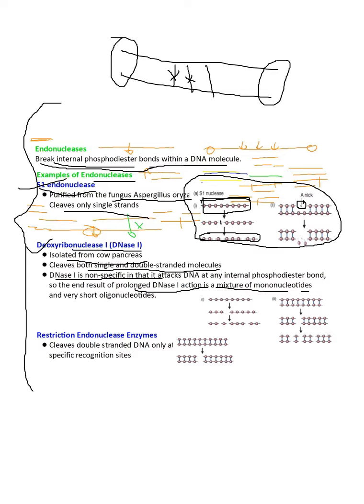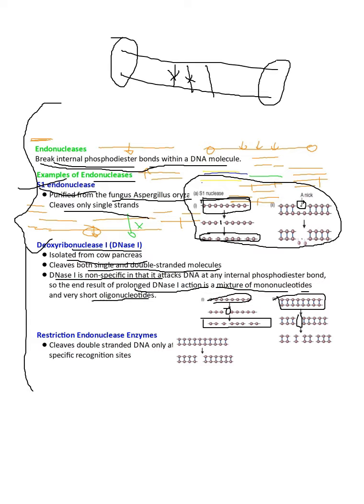The end result of a prolonged DNase 1 action is a mixture of mononucleotides and very short oligonucleotides. As you can see, this is a strand again. This is pretty much similar to S1 endonuclease. It removes a base pair from here, leading to the formation of this. Let's take a double-stranded molecule. It removes bases from both these strands, so it does not discriminate between single or double strand.